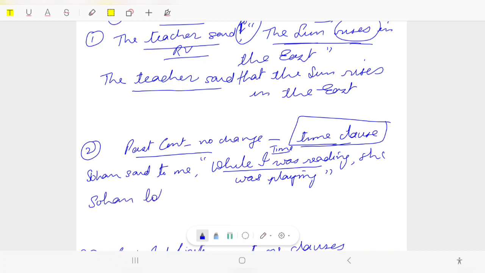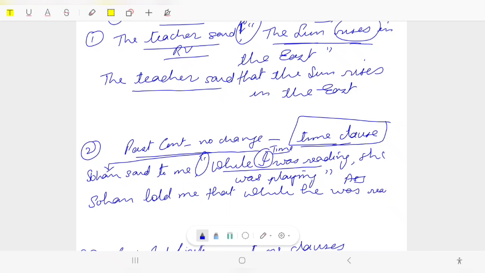Sohan told me, because it is an assertive sentence, so here comma inverted comma will be replaced by that. Sohan told me that, I had as it is, while first person according to subject, while he was reading.